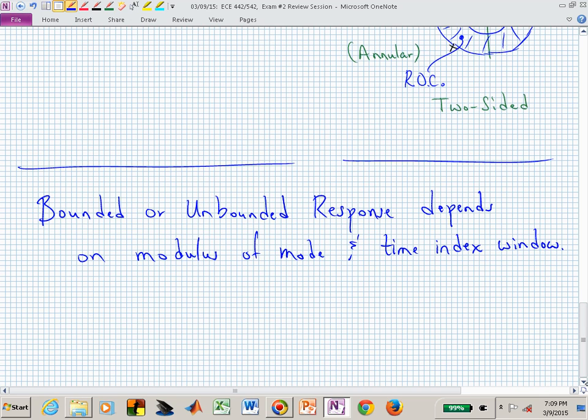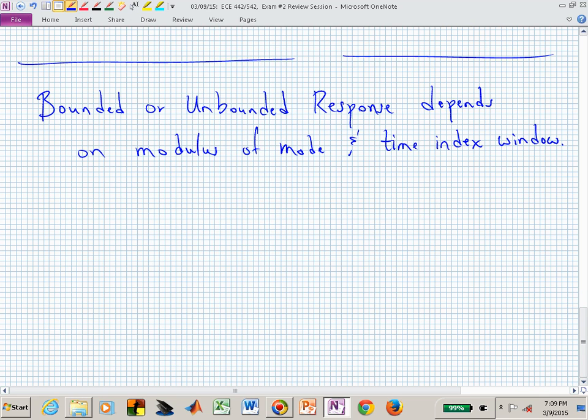The modulus of the mode is just the distance away from the origin, the magnitude of your poles. The modes are governed by your poles.